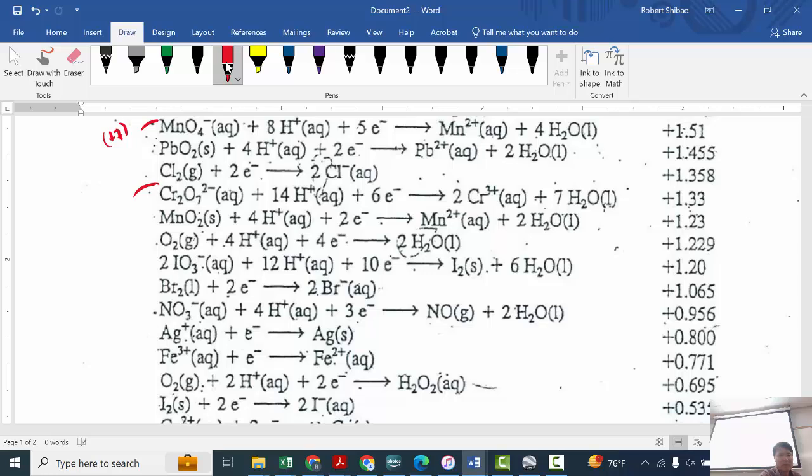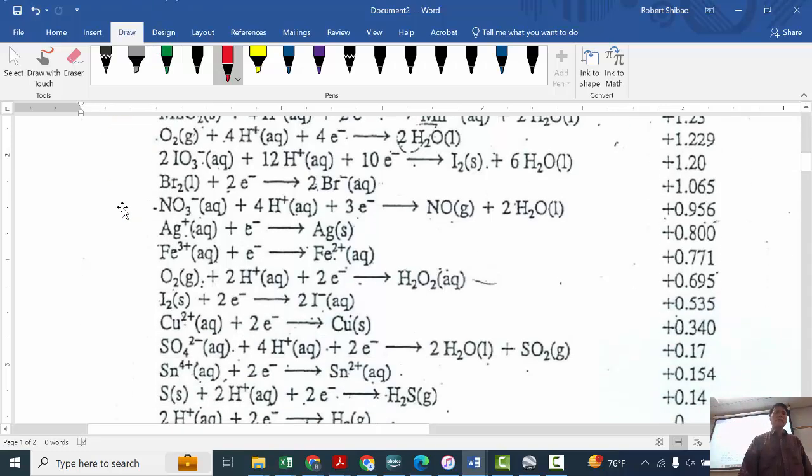What's chromium in dichromate? +6 is correct. And so even though it has a -2 charge, we still call this electron poor. A lot of people, they see a -2 charge, how can that be electron poor? Well, it's electron poor because when you look at chromium's oxidation state, it's +6. That -2, the extra electrons went on oxygen. And so oxygen is just happy as is. The chromium isn't. And so that makes that a powerful oxidizer, dichromate.